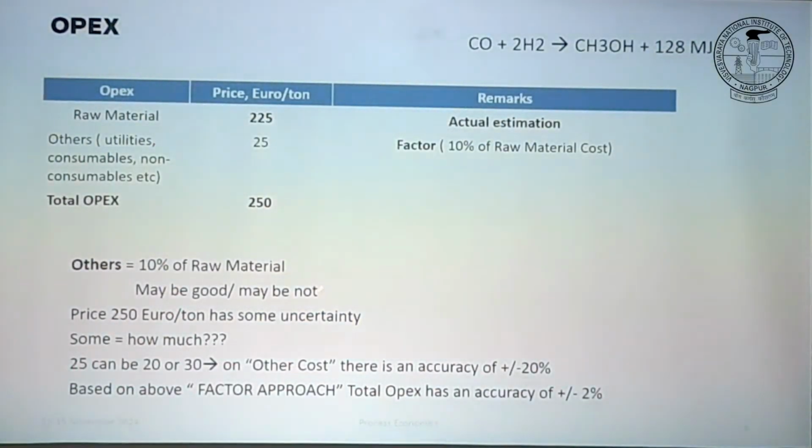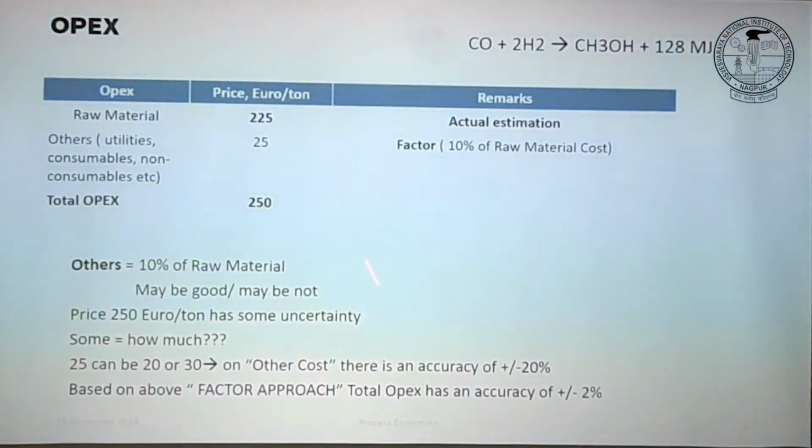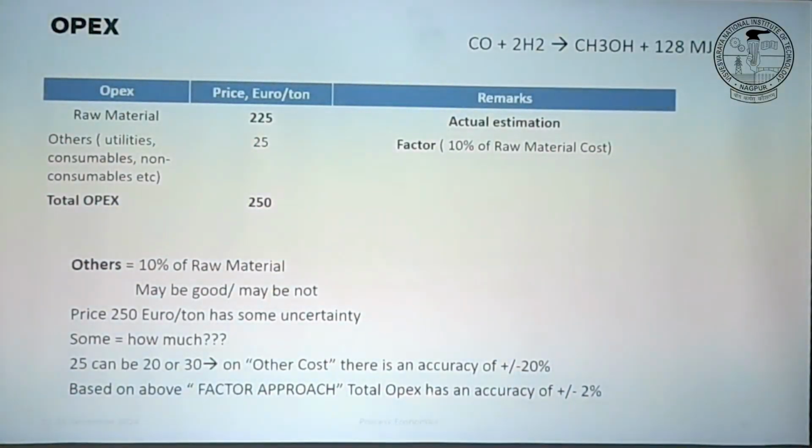So whenever you make such assumptions, there is always an accuracy associated with this. When you say it's 10%, but it's with a plus minus 20% accuracy, that means I already know in my mind that this 250 can be 255 or it can be 245, right?